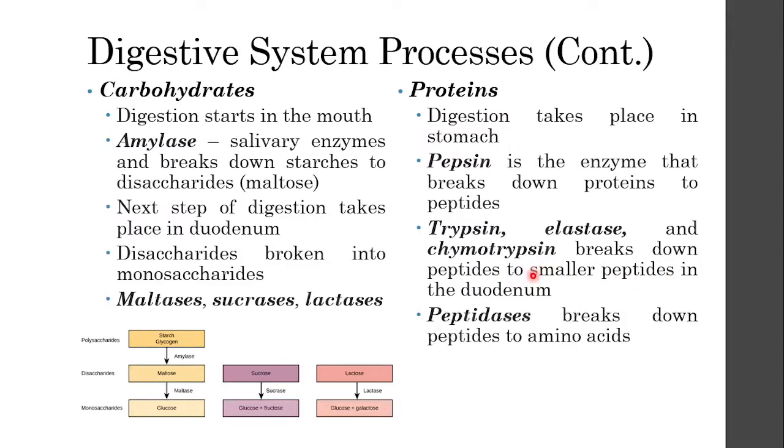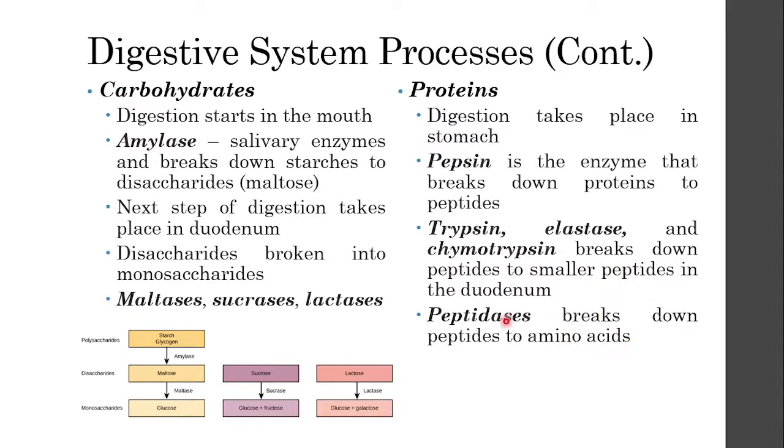And then lastly, these peptides are now broken down into smaller, more individual parts of the chain. Remember, a peptide is a chain of amino acids. So if you break those singular parts of the chain, you will get an amino acid.